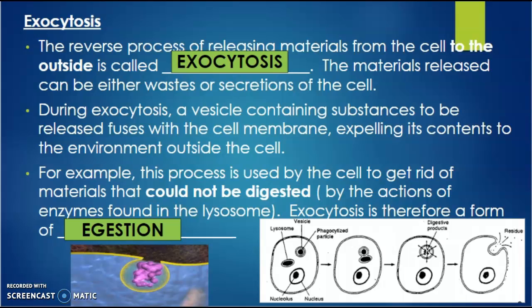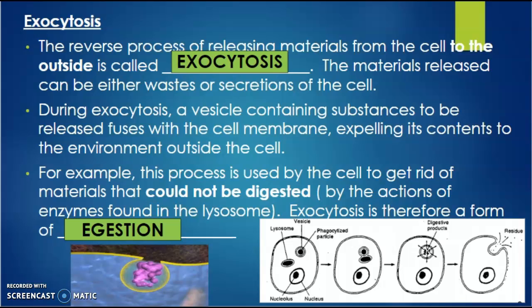So exit, exo. So during exocytosis, a vesicle that contains substances will fuse, that means attach, to the cell membrane, expelling its contents, so letting go the contents that's within the vesicle to the outside environment, so releasing the material outside.